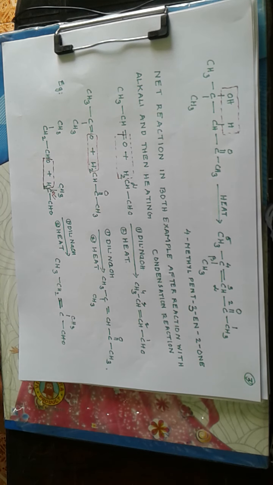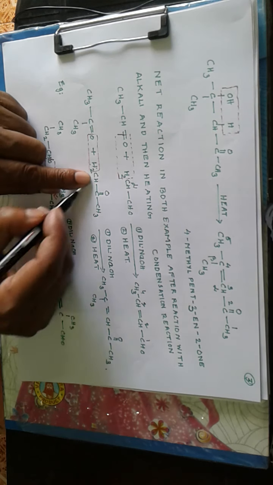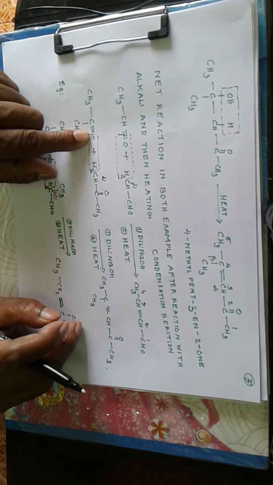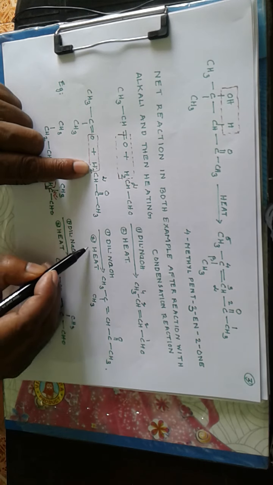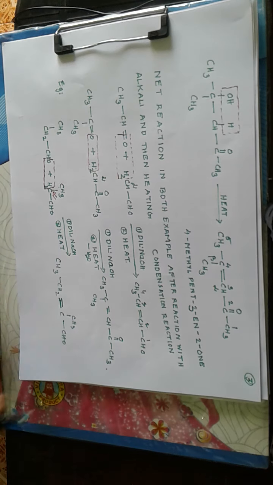We have seen it earlier. In the case of ketone also, the alpha carbon here donates 2 H for formation of water, so that the carbonyl oxygen combines with the 2 alpha H atoms, removing a molecule of water on heating, and we get this compound. We have named it earlier.